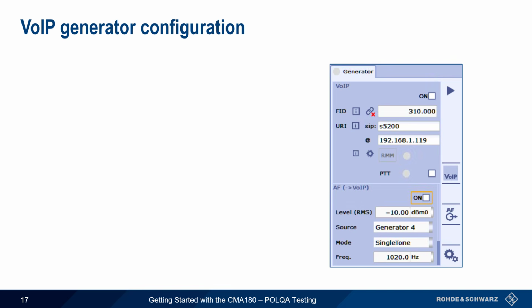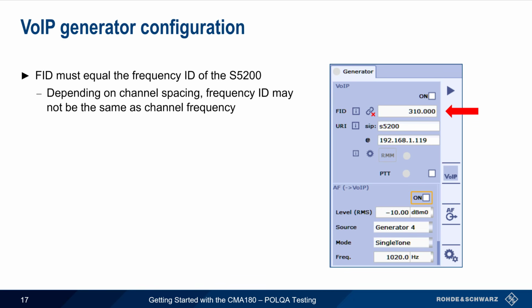Next, we'll configure the generator. The first parameter is the frequency ID, which must be the same as the frequency ID of the S5200. Note that in ATC applications, the frequency ID and the actual transmit frequency will be different if 8.33 kHz channel spacing is used. Next, we must match the URI to the settings on the S5200.